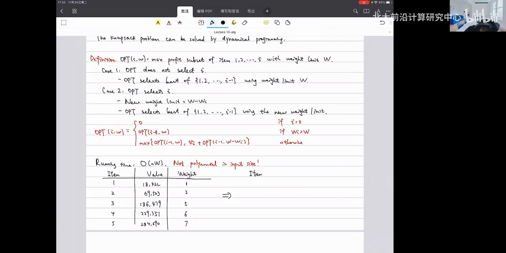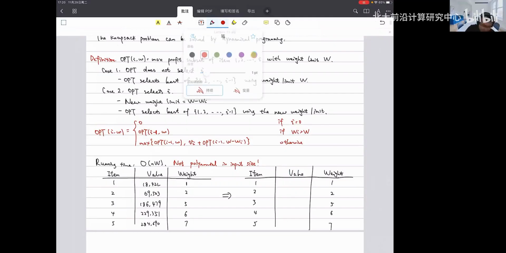So assume we have the item value. So maybe instead we can consider something like this. The item index is still 1, 2, 3, 4, 5. Here the weight is actually quite simple. So what if we significantly shrink the size of the value here?